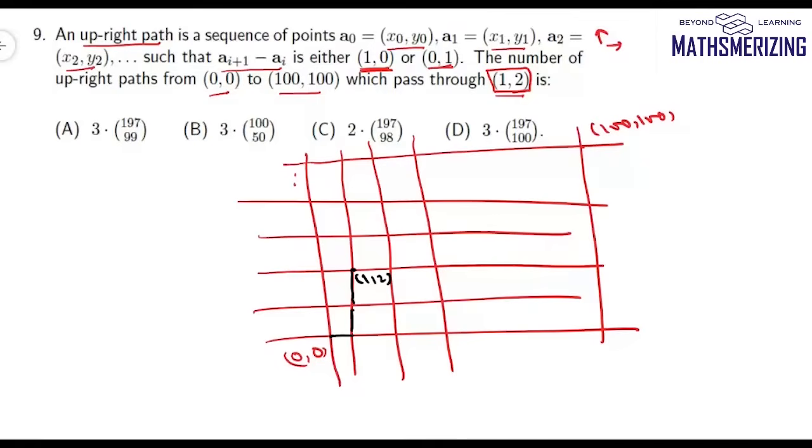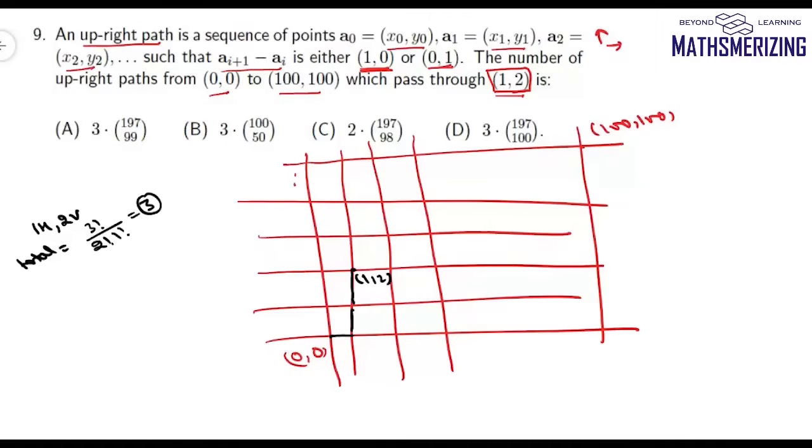What are the possible arrangements of one horizontal and two vertical paths? The total arrangements is 3!/(2! 1!), which is simply 3. So from (0, 0) to (1, 2), there are 3 possible upright paths.